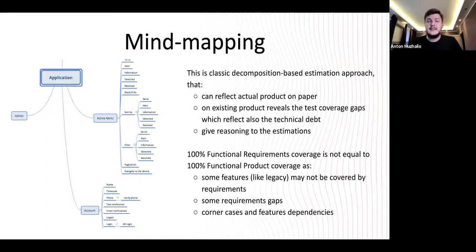But in the other 99%, you get something like, well, our solution will be doing this. We're not sure why and how, but well, we'll see. But we need some kind of estimation. So mind mapping is a very good thing for the high-level estimation. So this is a classic decomposition-based approach. So we take one big rock and just cut it piece by piece to understand what it's planned to do. So one more point here is that just imagine how every product is being created.